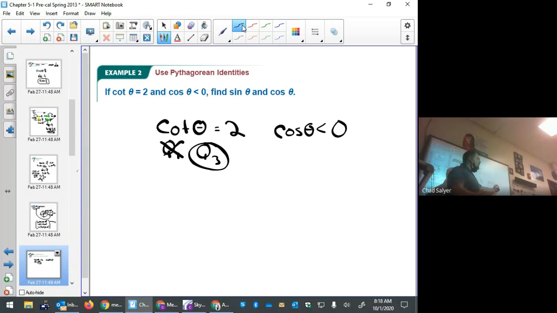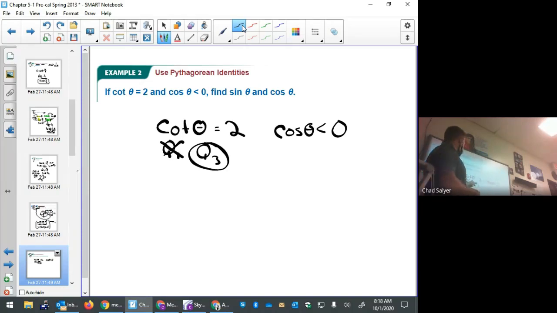And then they tell us the cosine is less than 0. So that's, of these two that are possible, only the case here in Q3. So that's what forces theta to be in quadrant 3. You need to get used to doing that quadrant analysis when we're extrapolating from information about theta, because now we know sine is negative as well.